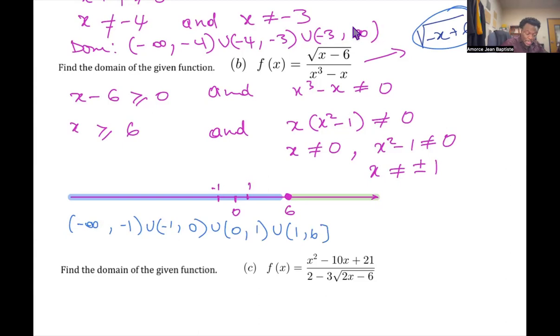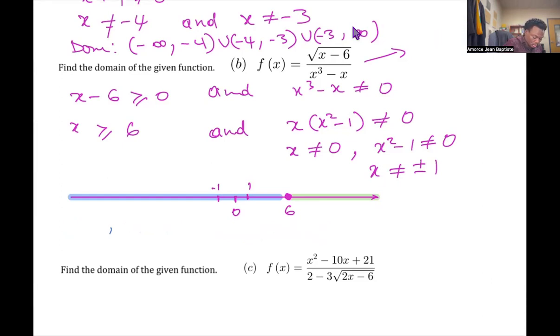That's what it would have been if this function was that. But since it's x plus 6, it's not the blue. It's only going to be from 6 to infinity. It's much simpler than what it would have been if it was the function -x plus 6.